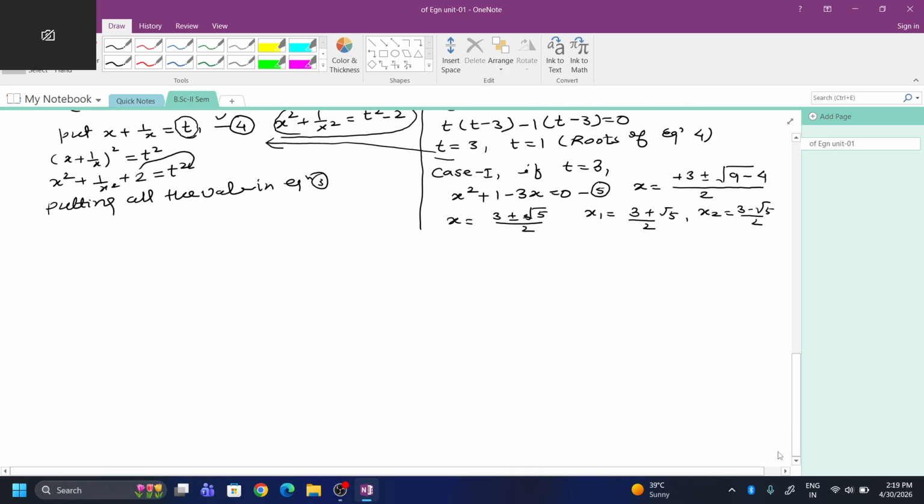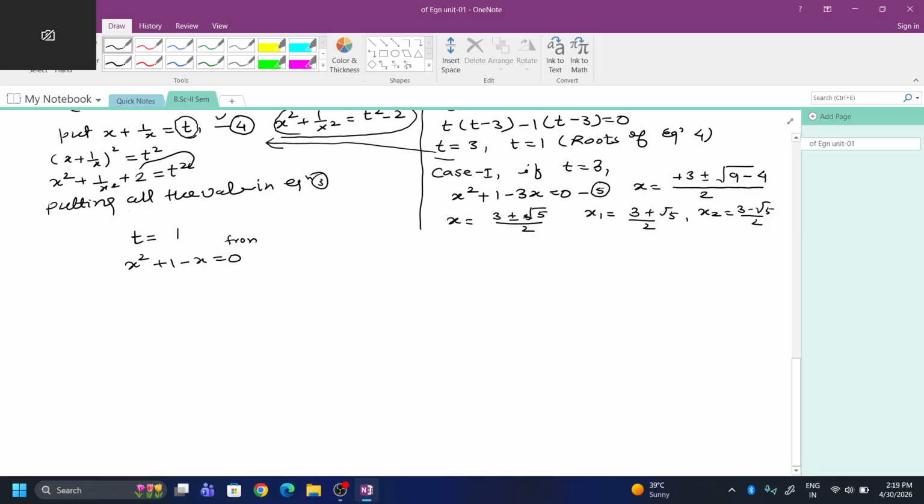Now we can take t is equal to 1. So equation number 4 becomes x square plus 1 minus x, it is equal to 0. We can put t is equal to 1 in equation number 4.